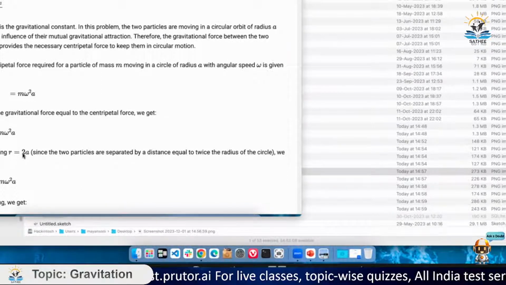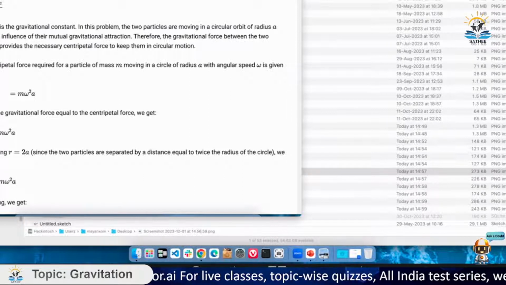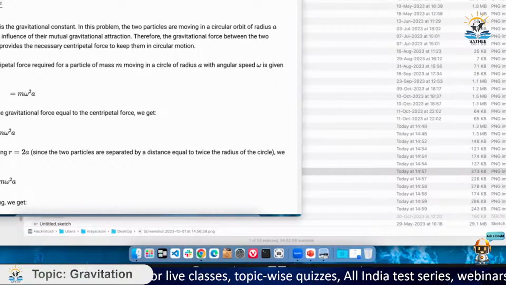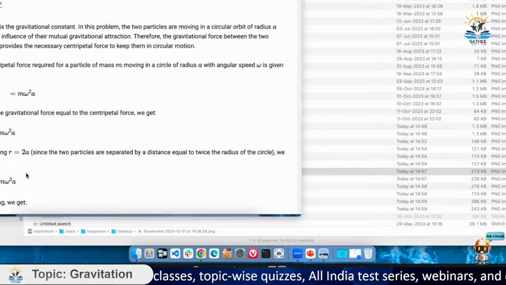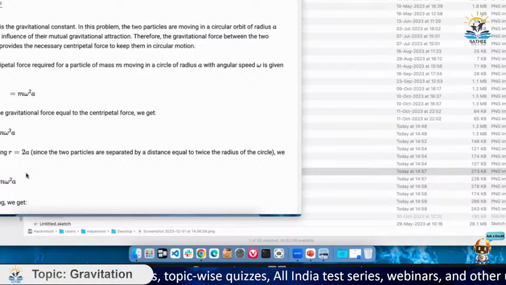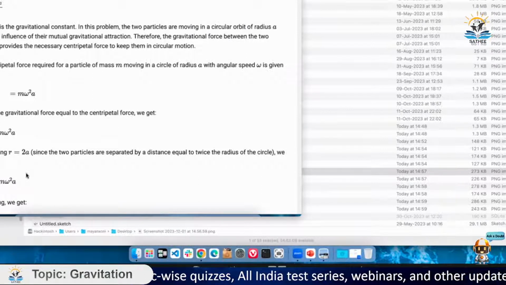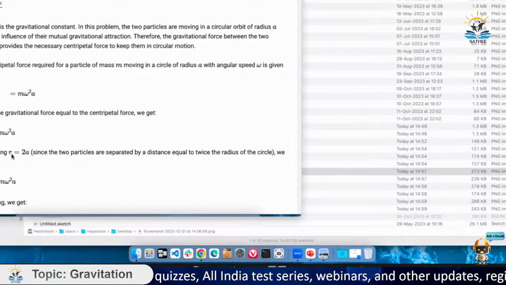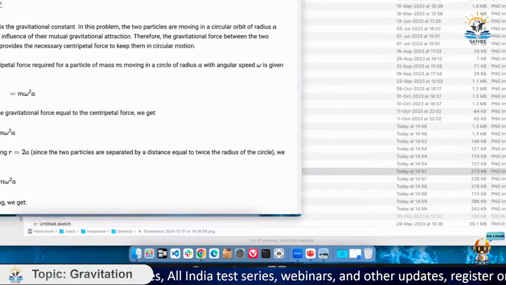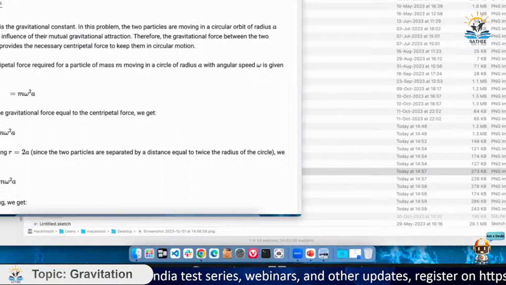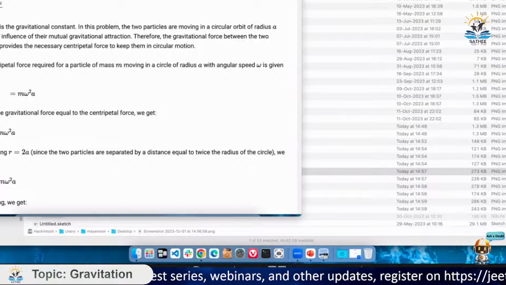Since this r is the distance between the two particles, and the two particles are at diametrically opposite points, we write r as 2a. So here m omega square a is written as G m square upon 2a whole square.